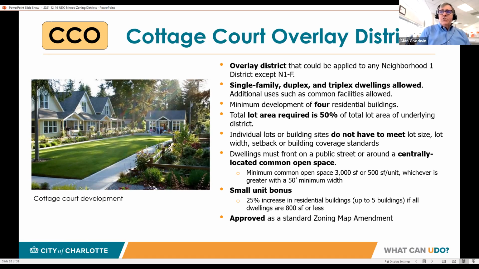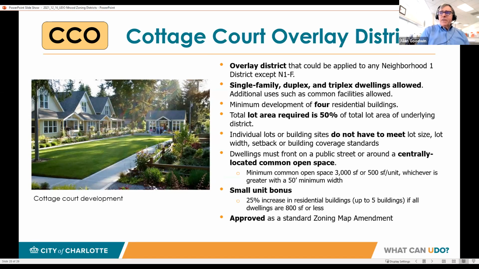But the way the Cottage Court works is that the dwellings have to either front on a public street or around a centrally located common open space. You can see in the example photo there a very nice Cottage Court type of development around a common open space.